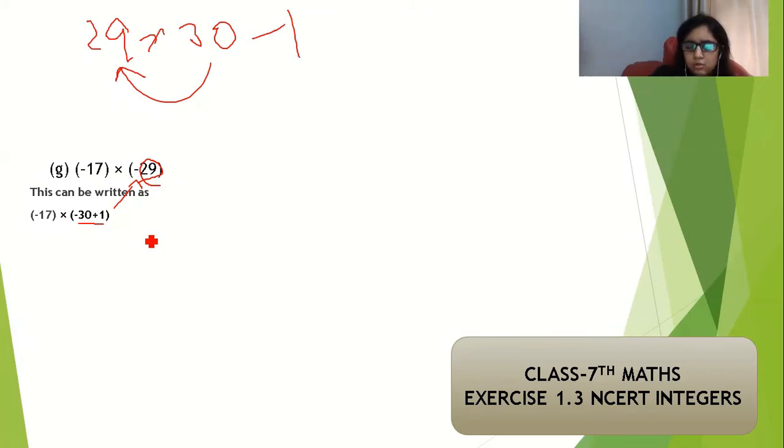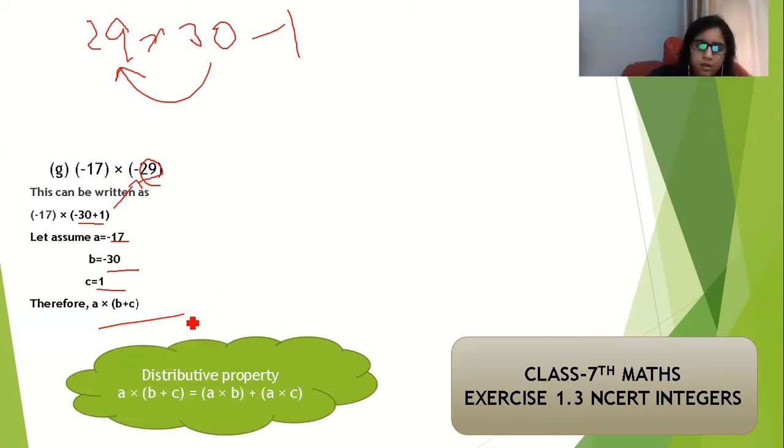Because what I will do, I will assume A equals minus 17, B equals minus 30 and C equals 1. And if you see, my equation will become A multiplied by B plus C, just the same as the left hand side of the distributive property.